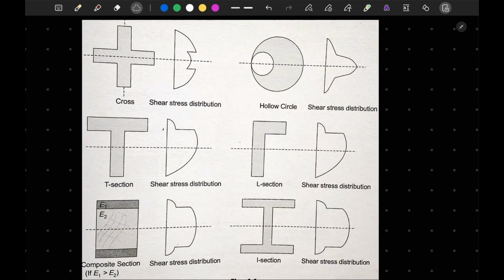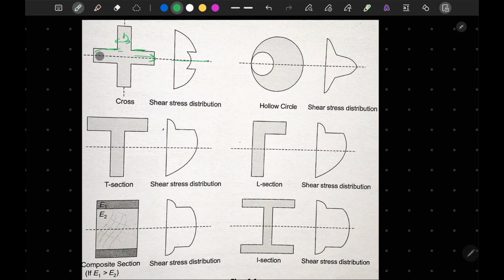So here I have shown the stress distribution for various types of figures. Let's say that this is our cross. In case of cross, we can see that our width here is small b and here is capital B. So it is opposite to what happens in case of your I section.